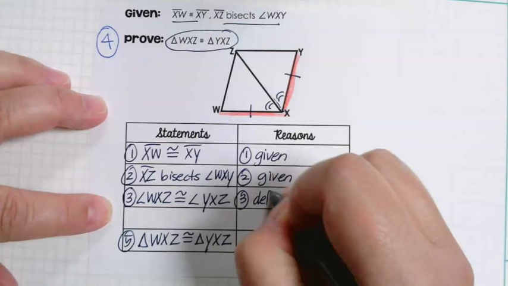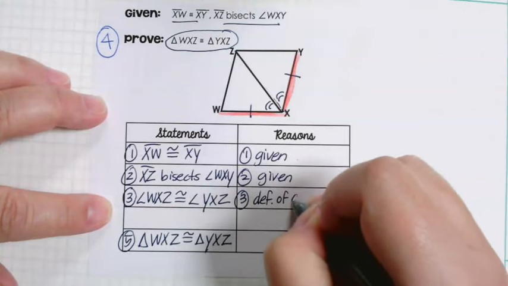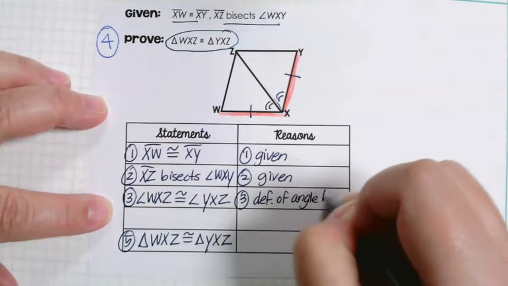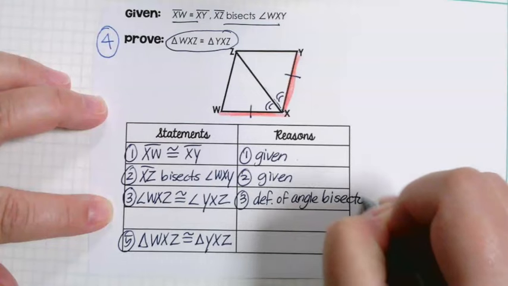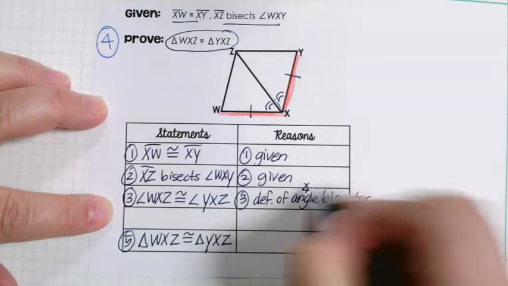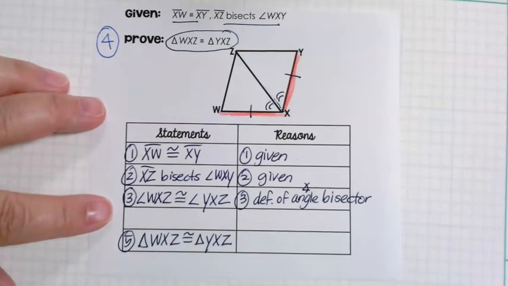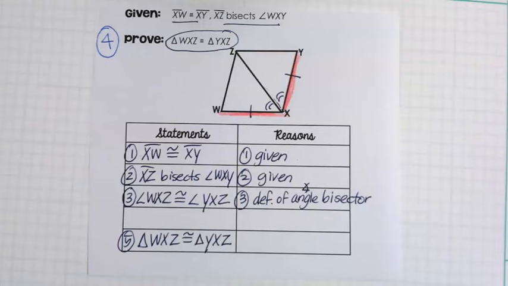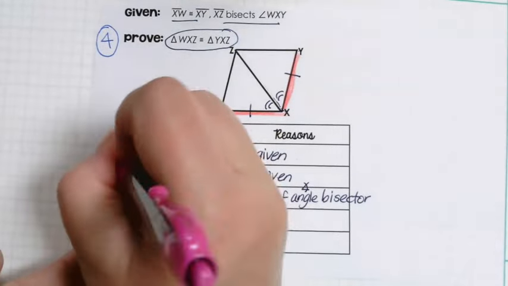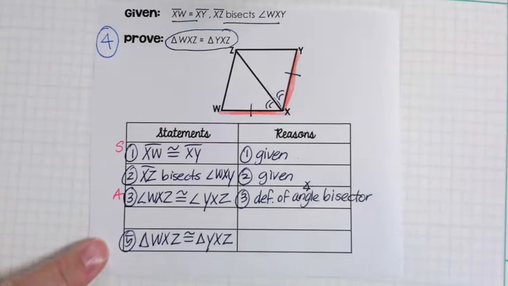So, definition of angle bisector. And if you want to abbreviate angle with a little angle symbol, you can. So right now, I know a pair of congruent sides and a pair of congruent angles.